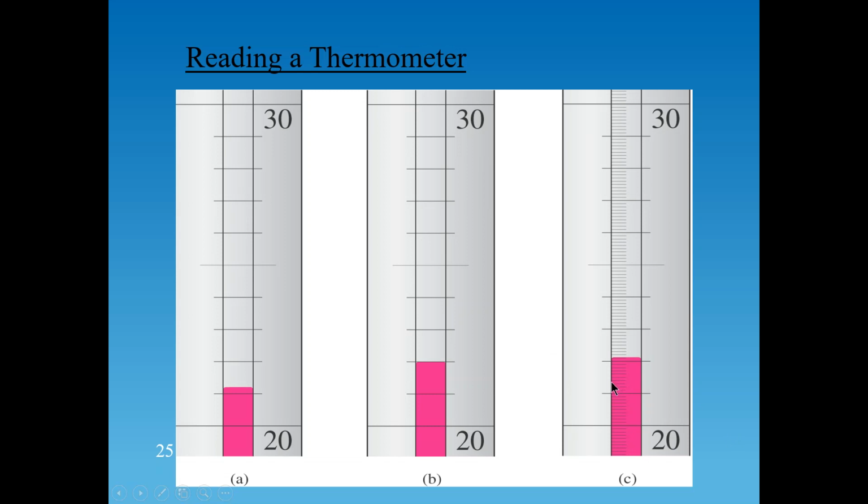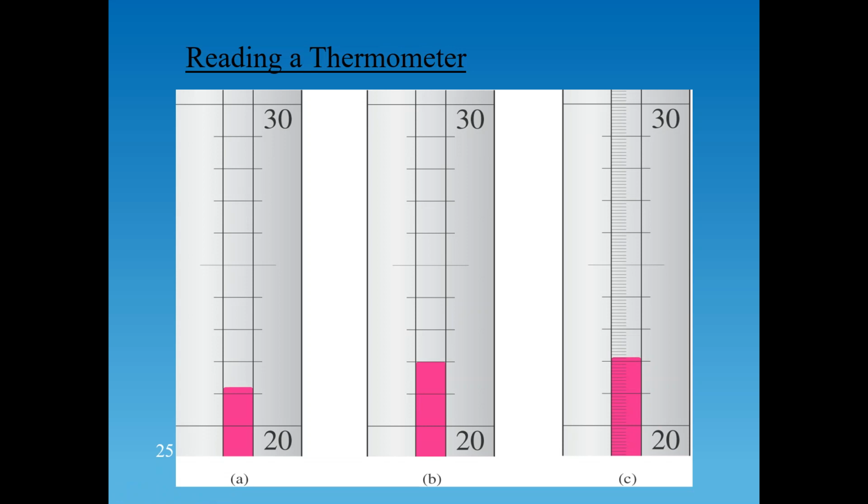Now, let's see if we can determine what temperature is being represented here. The mercury level is above the 22 mark, so the question becomes, what digit comes after the decimal point? Each of the smaller divisions represents 0.1. This mercury level is just above the 0.1 mark, so we are certain that this is 22.1.